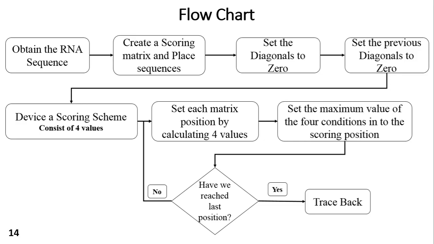Okay, so this is what the flow chart is going to be that we are going to work with. The very first step that we need to do is to obtain the RNA sequence. You can obtain it from any nucleotide sequence database. Once you obtain the RNA sequence, you need to create a scoring matrix, and after creating a scoring matrix you need to place the sequence across the scoring matrix.